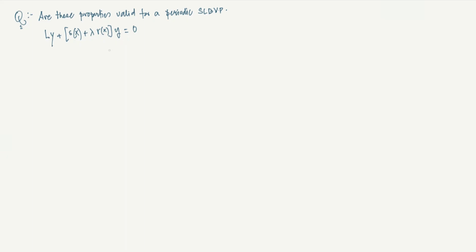So basically you have y at the point a equals y at the point b, and y prime at the point a equals y prime at the point b. And there is an extra assumption. There is a P of x which is included in L, right?